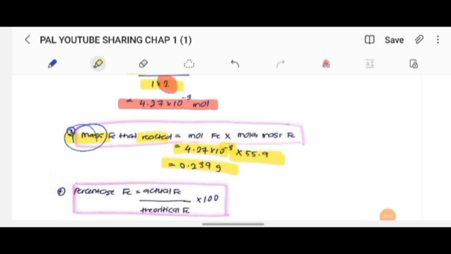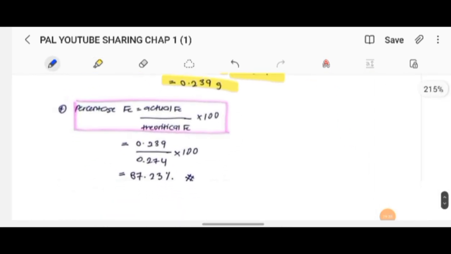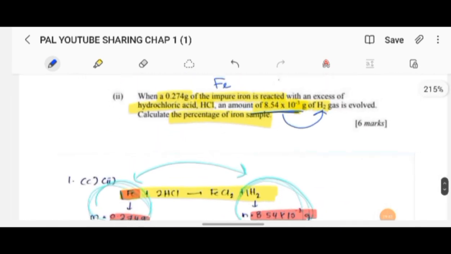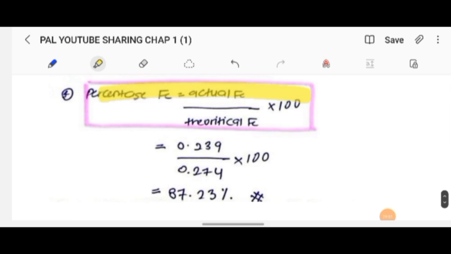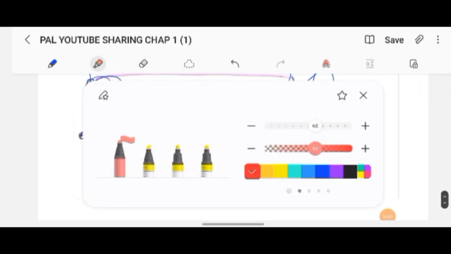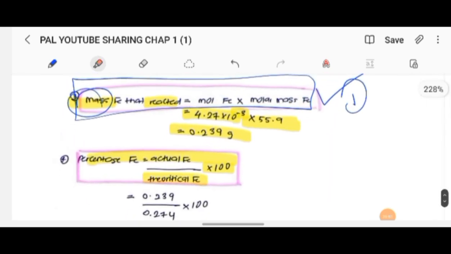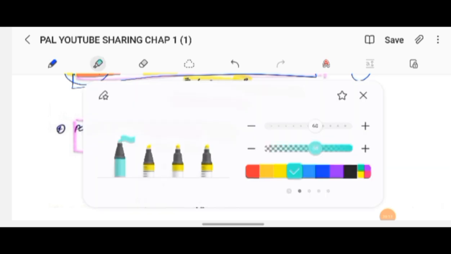Also, I want to say, every time we do a calculation, please write the formula, because the formula can get marks. And then the question asks for the percentage of the iron sample. So percentage Fe, we use this: percentage Fe equals actual Fe divided by theoretical, times 100. From what we calculated earlier with Monica, we got the mass of Fe is 0.239. So 0.239 is the actual one, and the theoretical one is usually given.